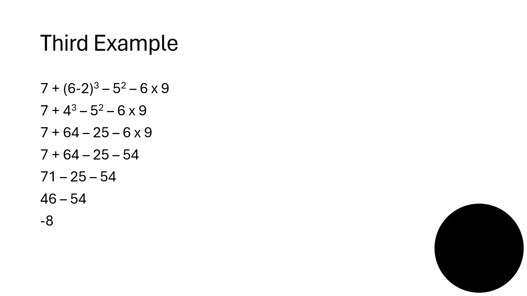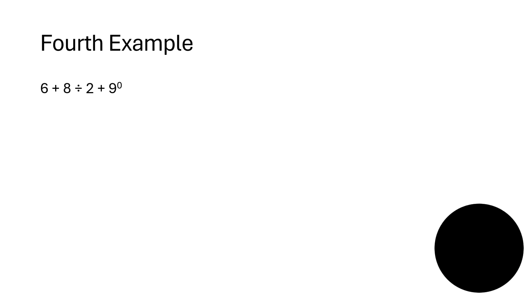Our fourth example is 6 plus 8 divided by 2 plus 9 to the 0 power. For our first precedence, we don't have any parentheses or brackets, so we move on to the second precedence, which is the exponent.